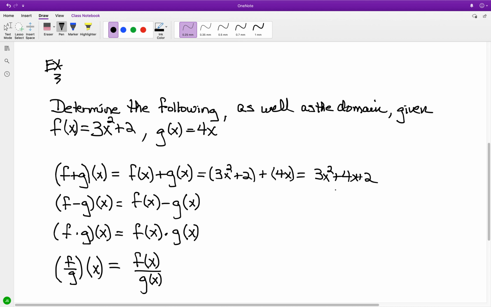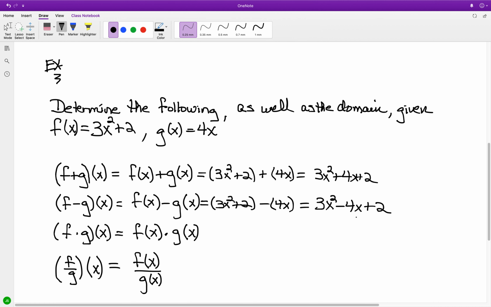Now, for the difference of functions, I have 3x squared plus 2 minus 4x. For 3x squared plus 2, we're going to take away g of x, which is 4x. If I rearrange the terms in descending degree order, we have 3x squared minus 4x plus 2.